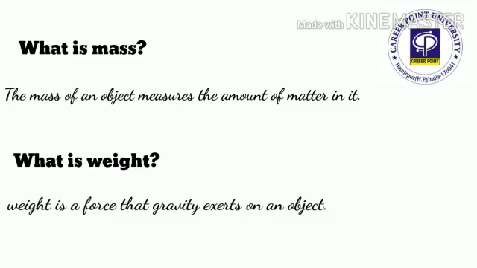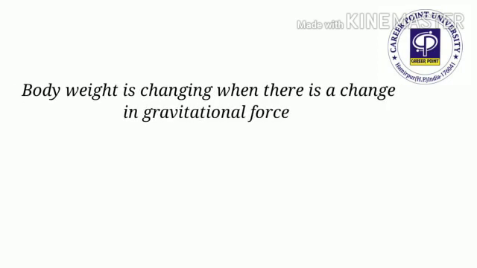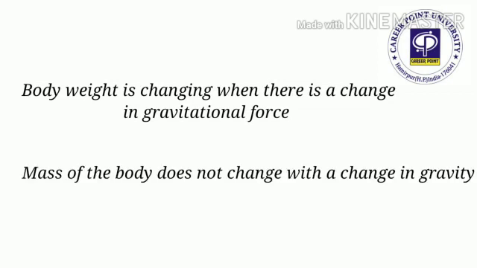Weight is nothing but a force that gravity exerts on an object. In general, this force is directly proportional to the mass of the object. Moreover, body weight changes when there is a change in gravitational force, but mass of the body does not change with gravity. Let us illustrate this with the help of an example.